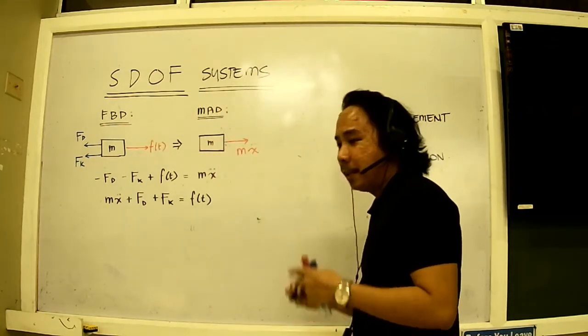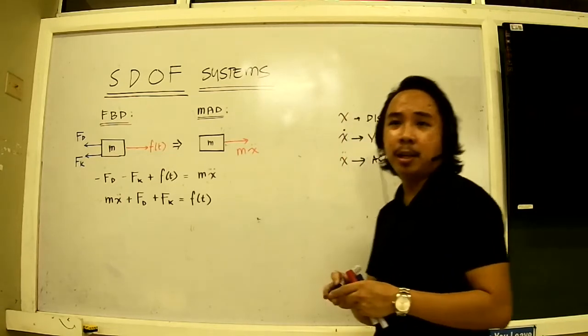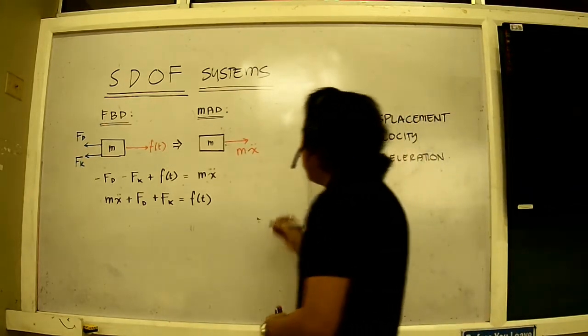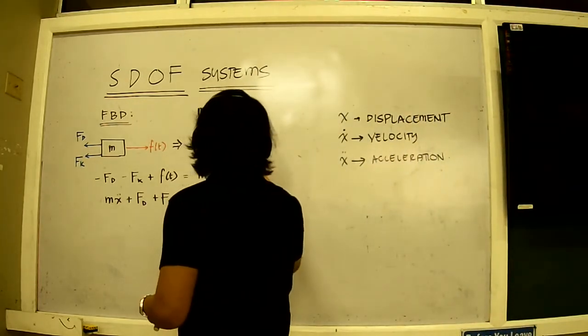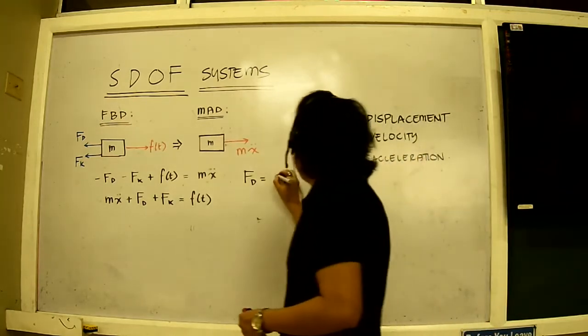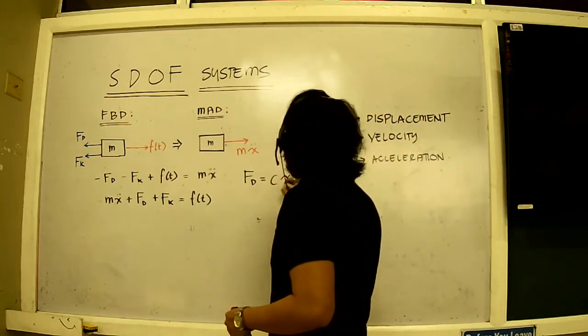Now we need to find relationships for FD and FK. FD, the force of damping, is just equal to what from our basic physics? This is c times velocity.